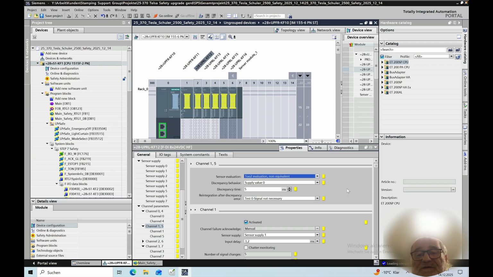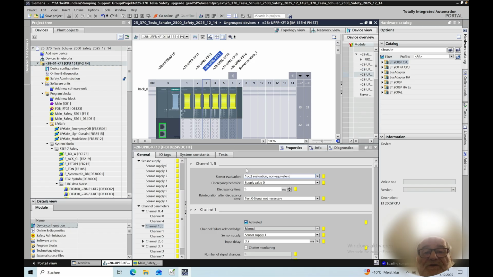Also probably just a single stroke mode. Then you have a key switch with different selections, and for this you do need the 1oo1 evaluation, which I have in this module here.